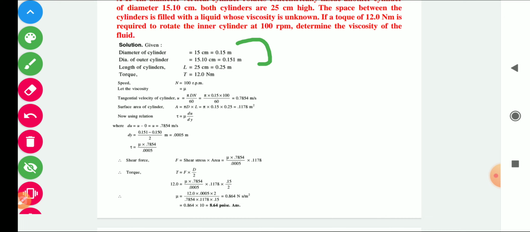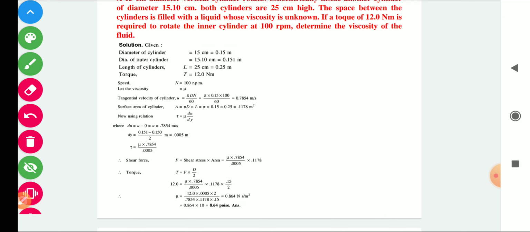So this dy can be calculated as the difference in diameter divided by 2, because we are using diameter. If we use radius, then there is no need to divide by 2. So this will be the thickness of the fluid layer enclosed between these two cylinders, where one cylinder is stationary and the other one is rotating at a speed of 100 rpm.